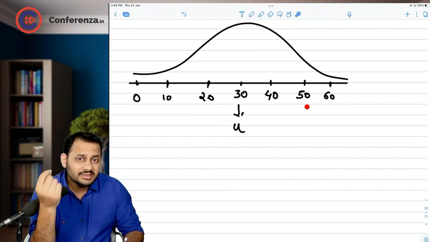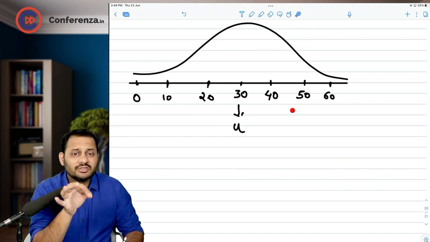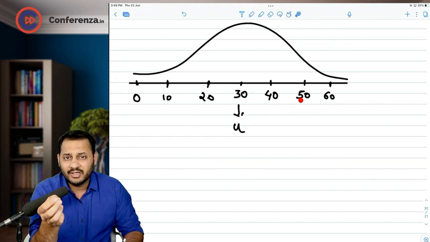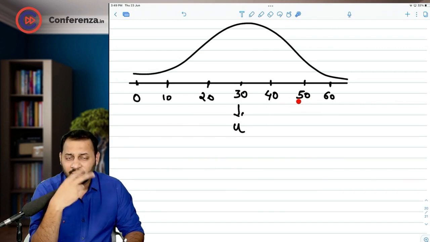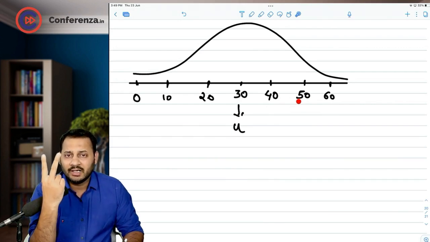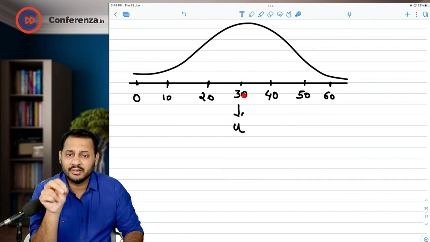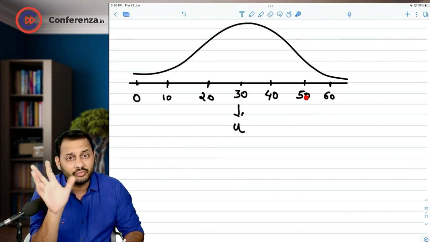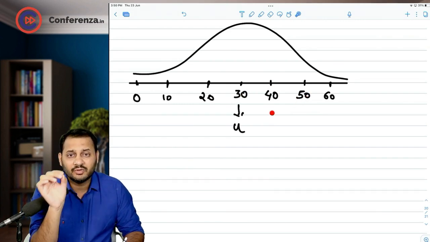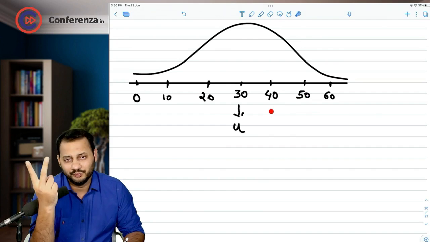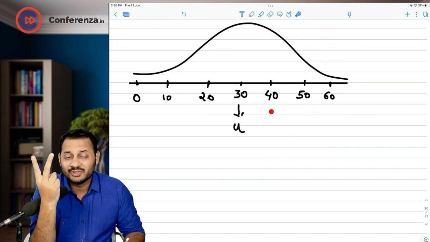And you just said that every coin is of 10 rupees. That means 20 divided by 10, 2. Two is the answer. Two more coins have to be added in this pocket in order to take the total to 50 rupees. And that's what the z-score is, 2. That's what the z-score is, 2.